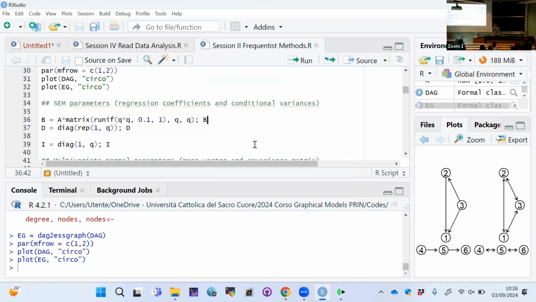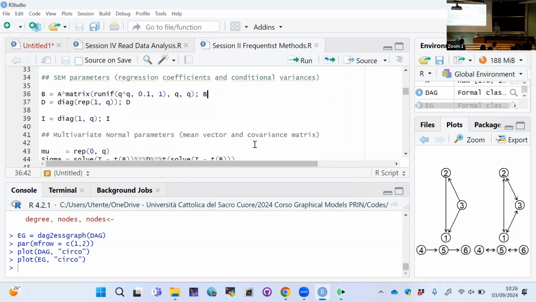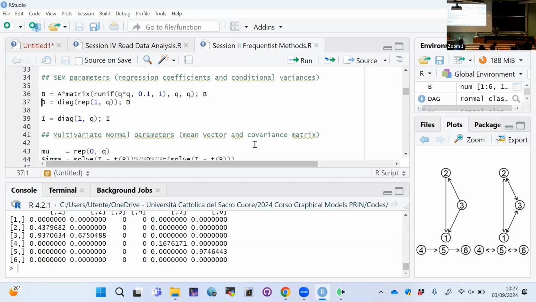Now we would like to generate some data, which means that we need to fix the parameters of our DAG model. The parameters of our DAG model are what we called capital B and capital D. B is a matrix of regression coefficients with U, V entries different from 0 whenever we have an edge from U to V. One possibility is to take the adjacency matrix, which is the matrix with the 0 entries at the right position, and then multiply by some runif draws, draws from a uniform distribution, which will be our regression coefficients.